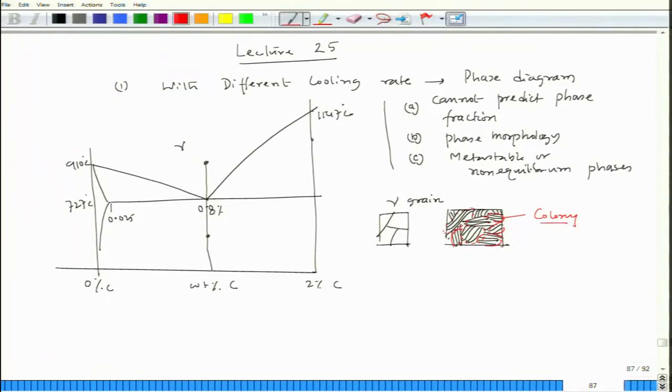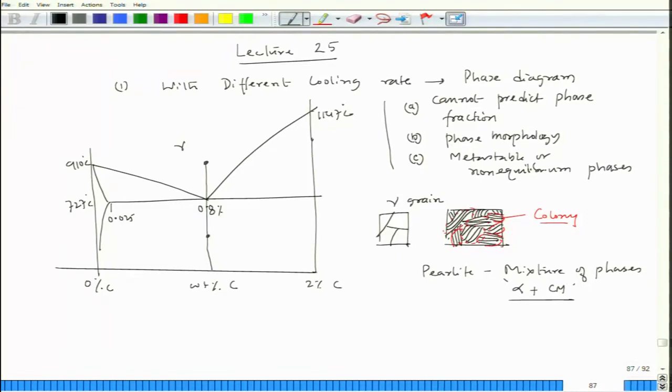And interestingly, Pearlite is a mixture of phases, and those phases are nothing but alpha and cementite. So, it does not have grain boundary.